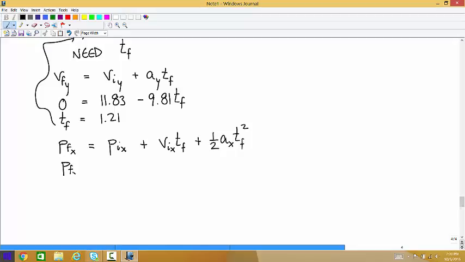So PFX is equal to 0 plus 25.38, is that what it was? Times 1.21. The x component of acceleration is 0, so this is all we have. And what's 1.21 times 25.38?